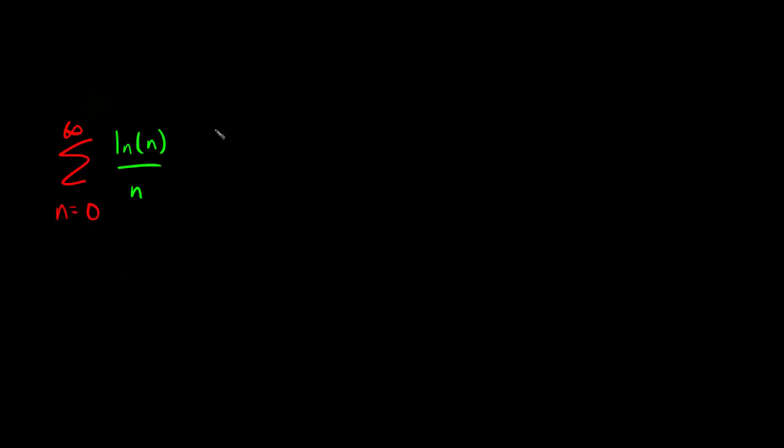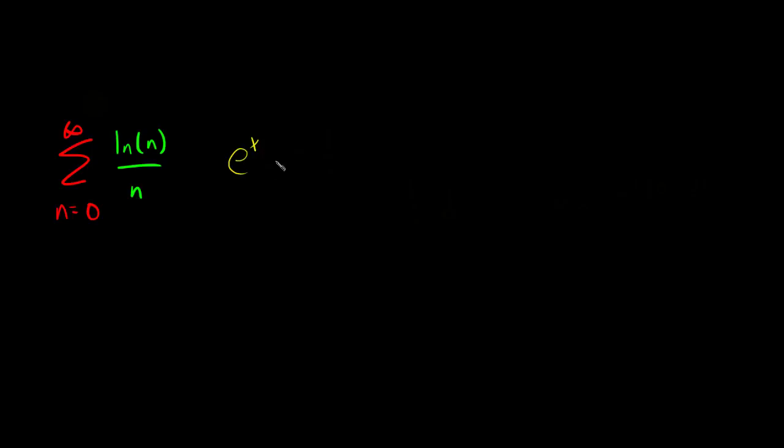Okay, ln of n over n. Okay, this is a harmonic series. So ln of n, as a limit as it approaches infinity, grows slower than n. That's just true, because if you think about what ln actually is, it's saying e to some value is what ln of n equals.